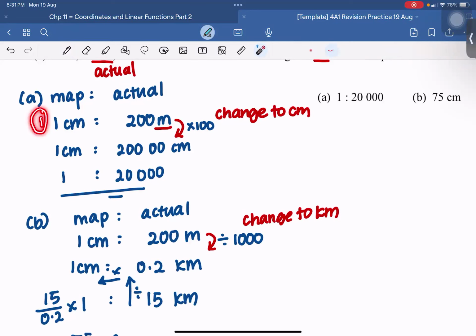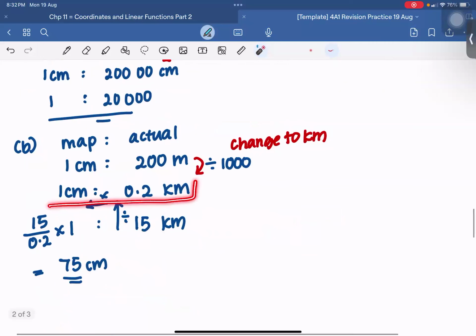Number 1, cm meter. Number 2, cm, or number 3, cm, no, not this one. Number 3, cm kilometer. Number 3, right? So we're going to use this one that has the correct set of units.